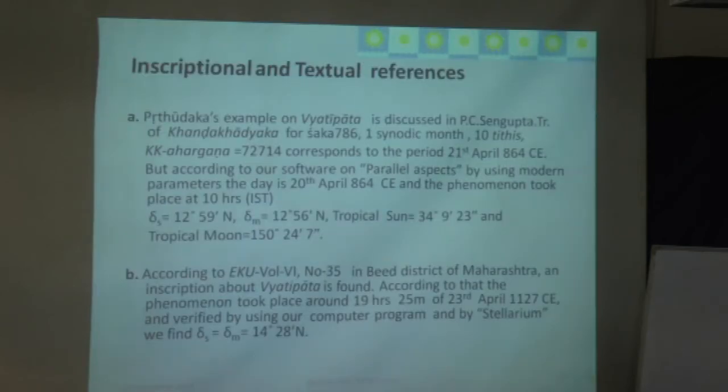Here you can see, at that time, 19 hours 25 minutes, the declination is 14 degrees 45 minutes in Stellarium. But according to our program, we got it as 14 degrees 28 minutes.